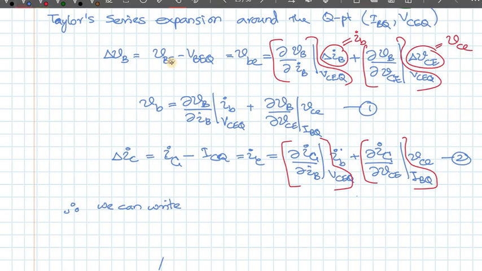Okay, so therefore I can write this as VB is equal to something times IB, that something is this, plus another something times VCE, but this is basically HI and HR that you had in your expression in the previous equation.